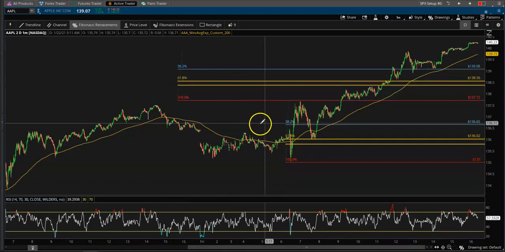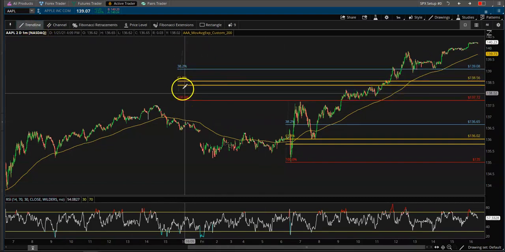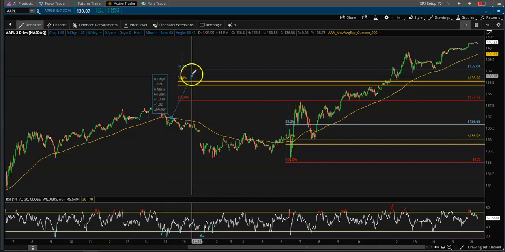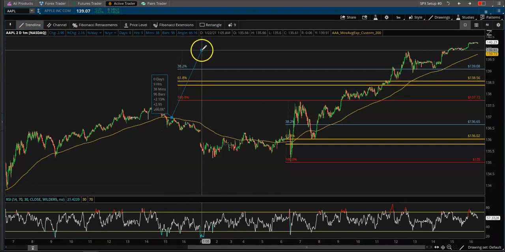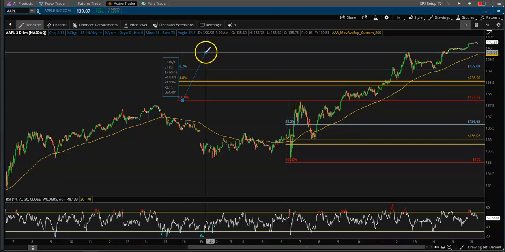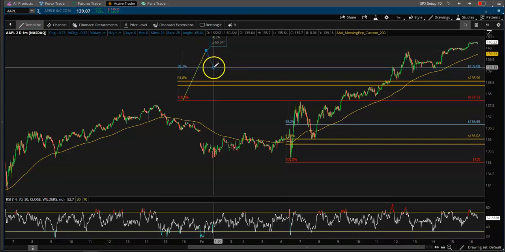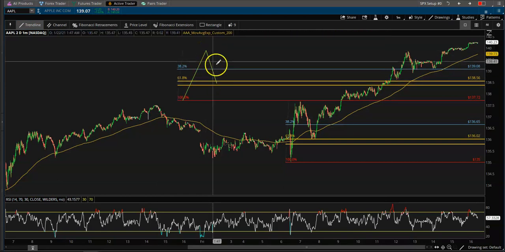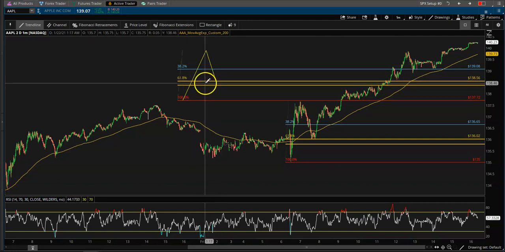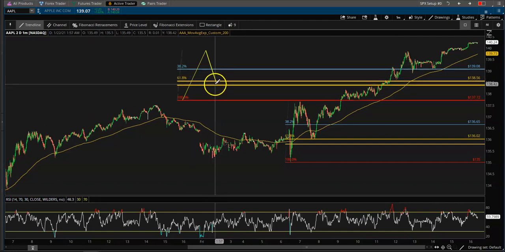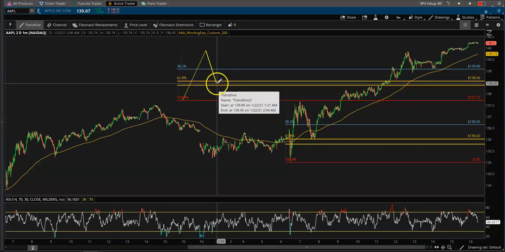We're looking for price to break higher. It's making a high, from low to high like this, and then we're looking for the pullback. What we're looking for is a pullback into this 61.8 to 70% area to be a buyer.